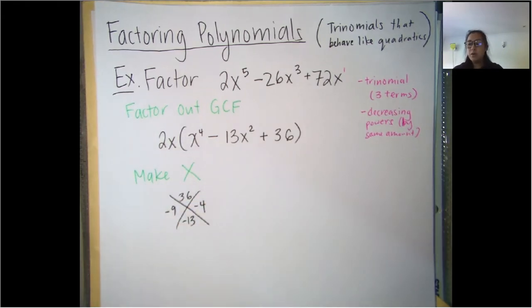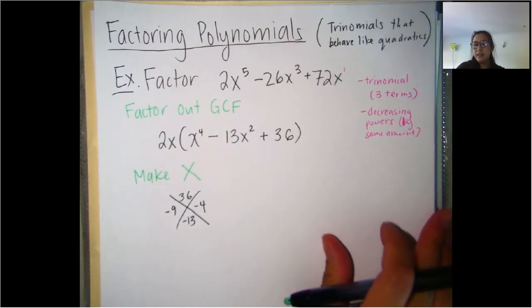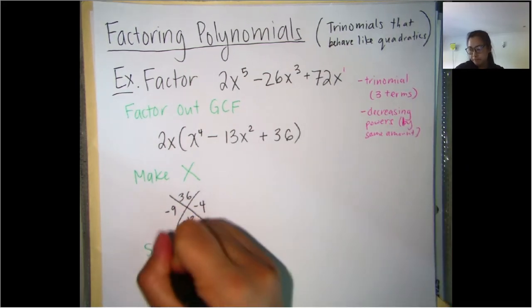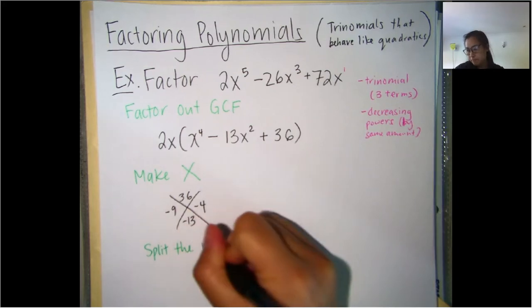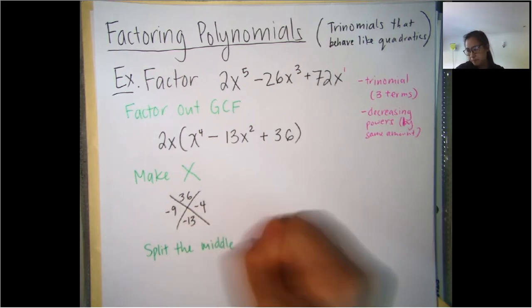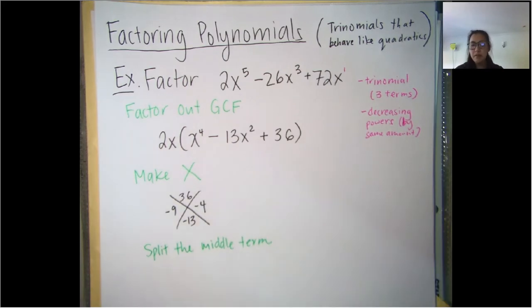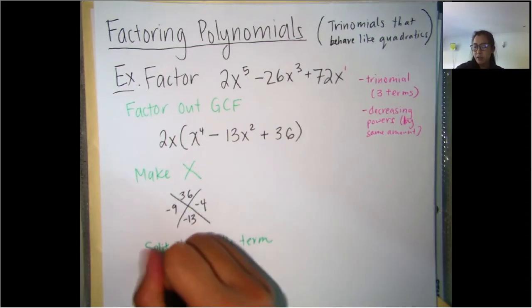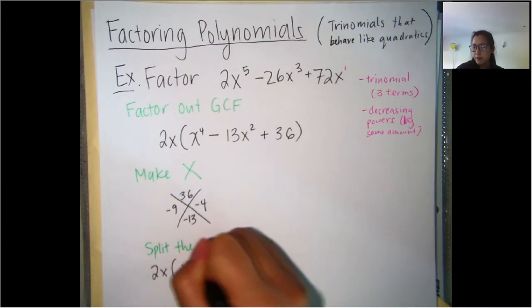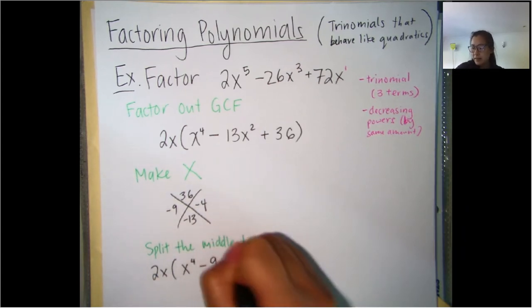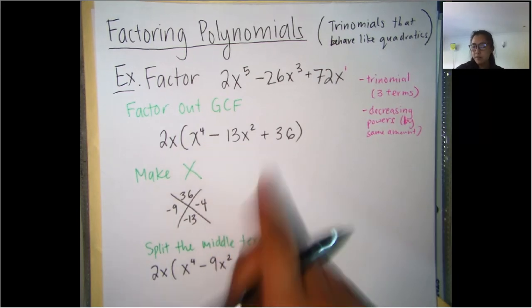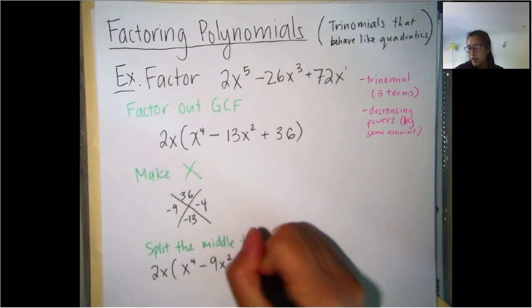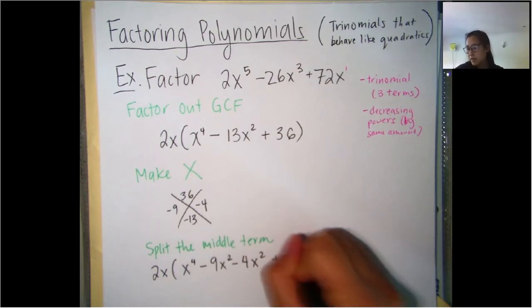So what you're going to do is split the middle term, meaning that you're going to write everything else the same except for that middle term. You're going to split that up between the two numbers, negative 9 and negative 4. So we have 2x times x to the fourth minus 9x squared, so you're splitting that negative 13x squared into negative 9x squared minus 4x squared, and then plus 36.